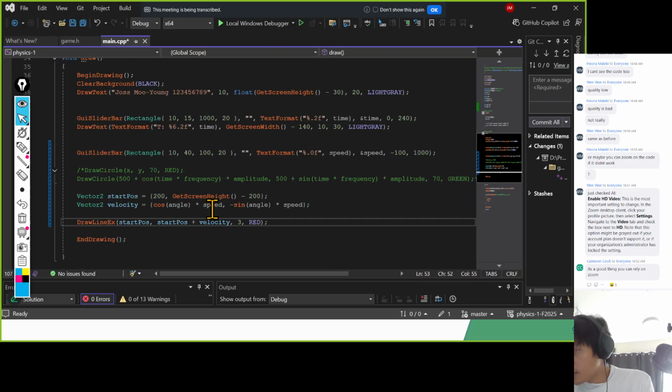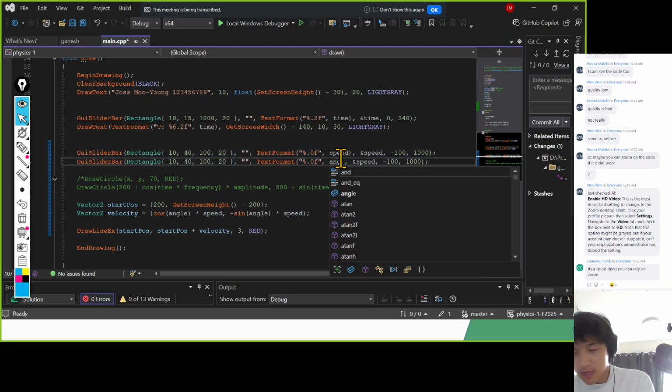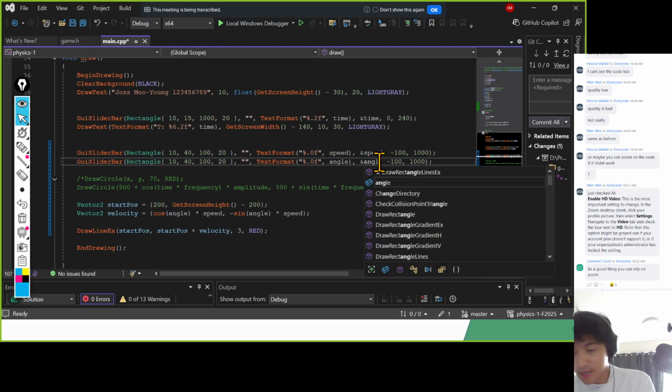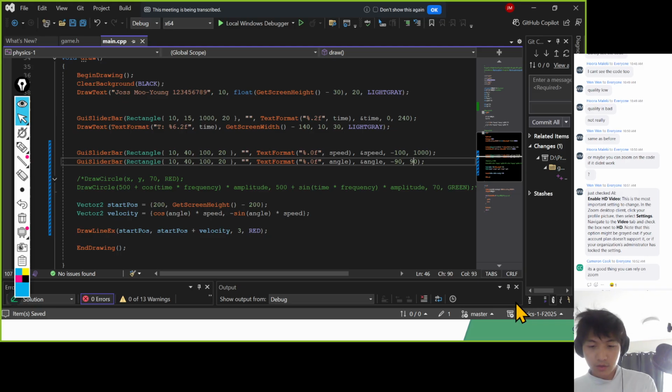Okay, and how could we mess with that? Let's try adding another slider for angle. Angle slider. And instead of negative 100 to whatever, let's do negative 90 to 90. So we'll have 180 degrees. No, let's do negative 180 to 180.